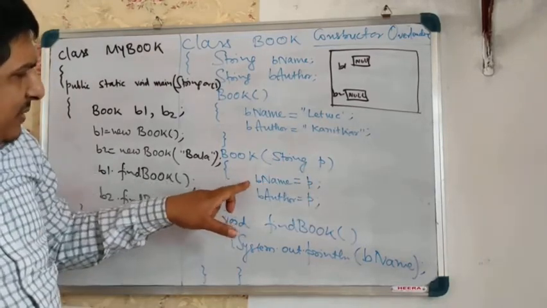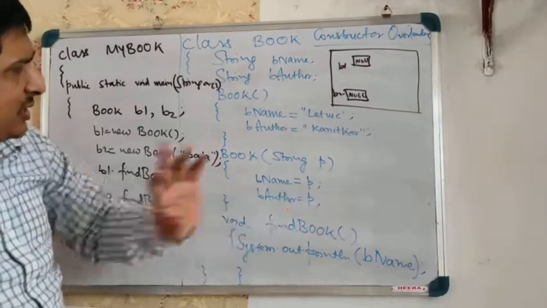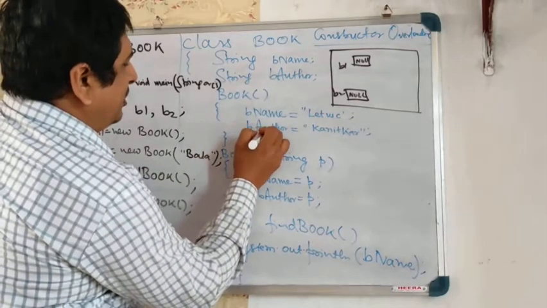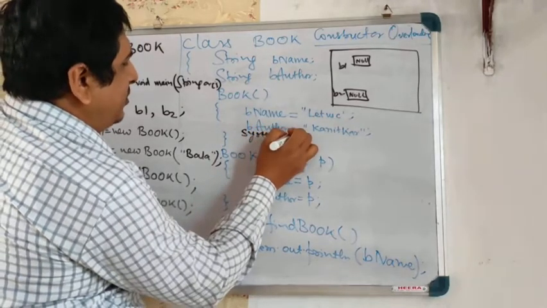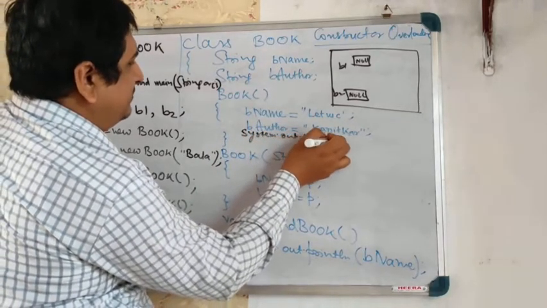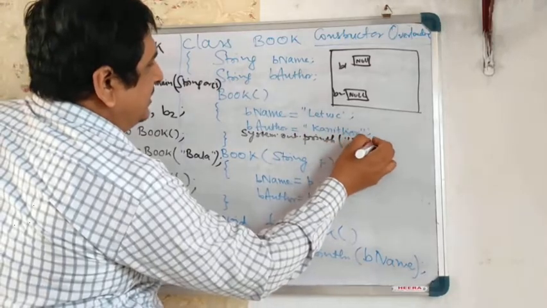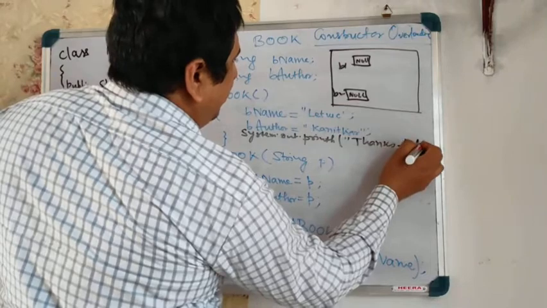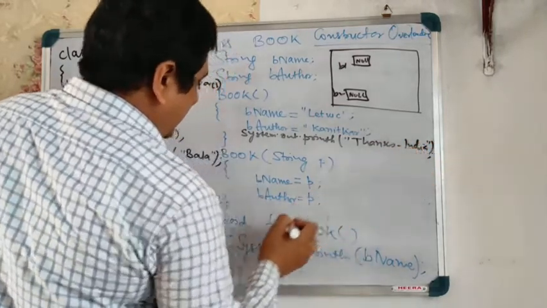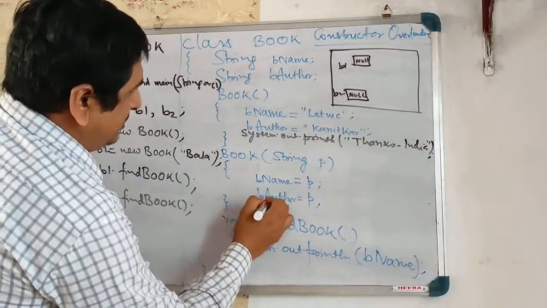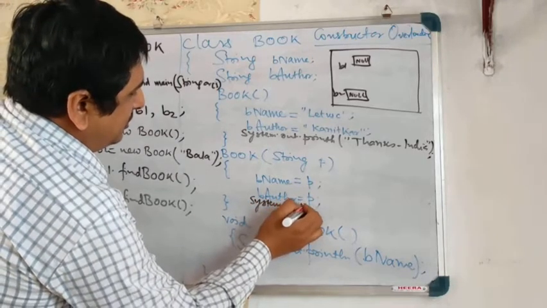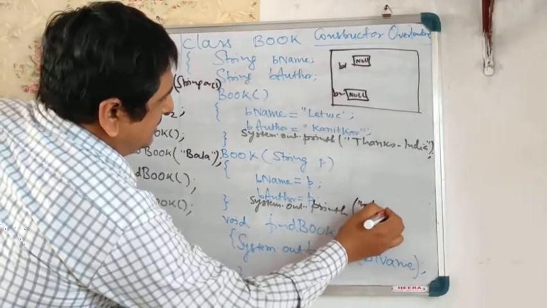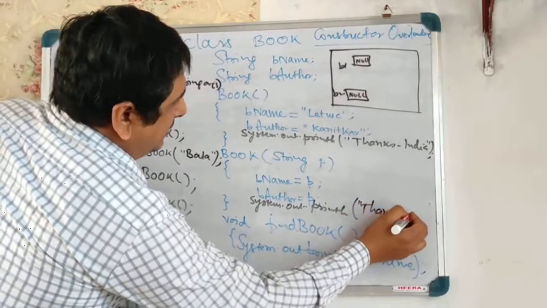And then I wrote bname equals to p and bauthor equals to p. Now I am adding one more line of code here. System.out.println thanks India. And here I wrote System.out.println thanks world.